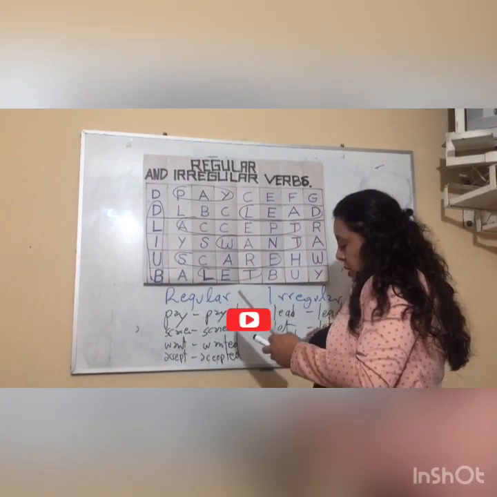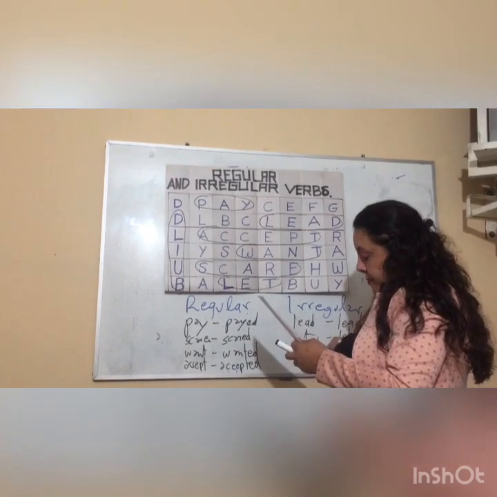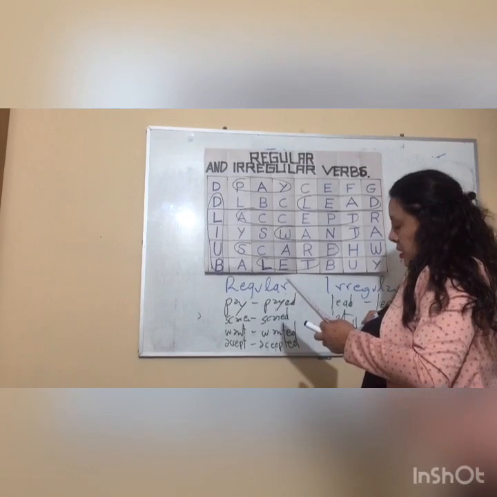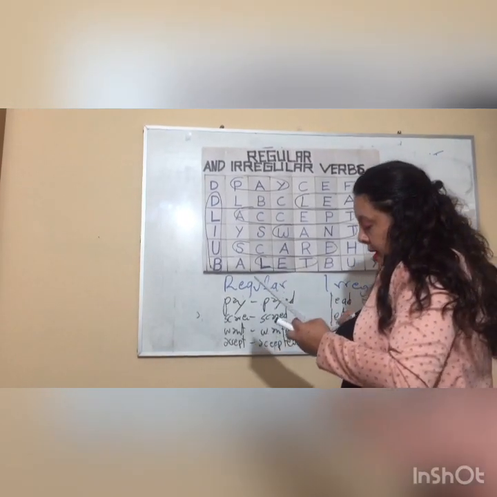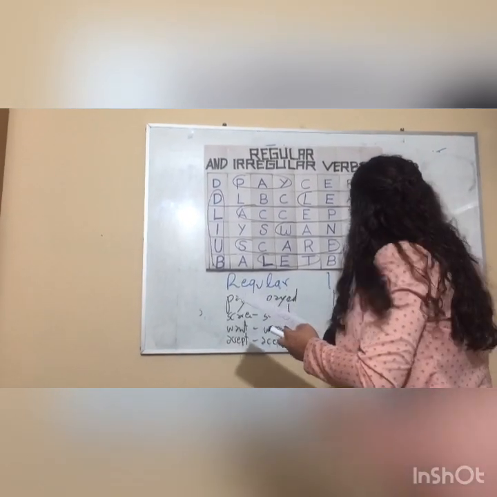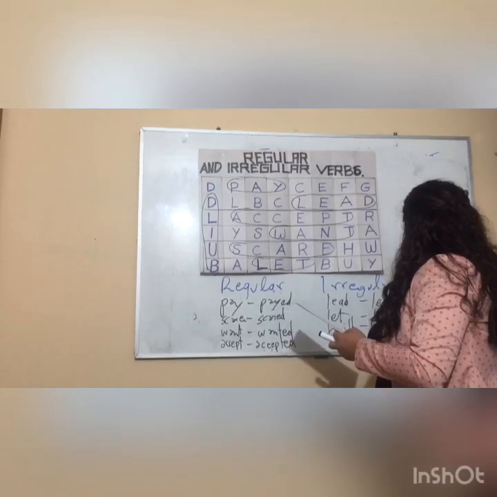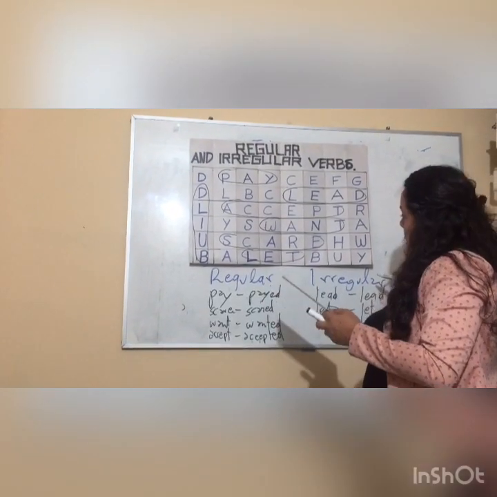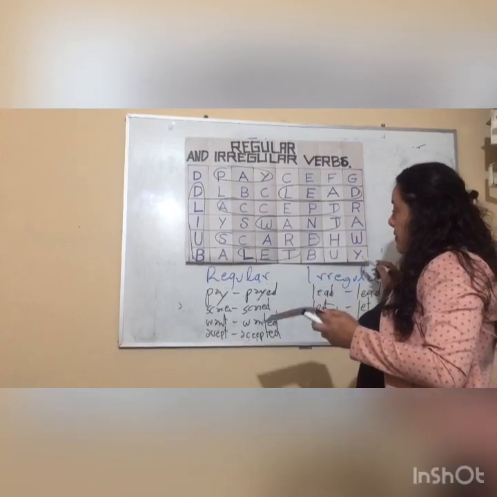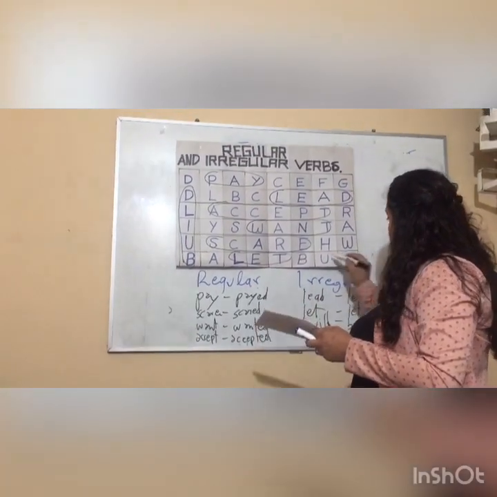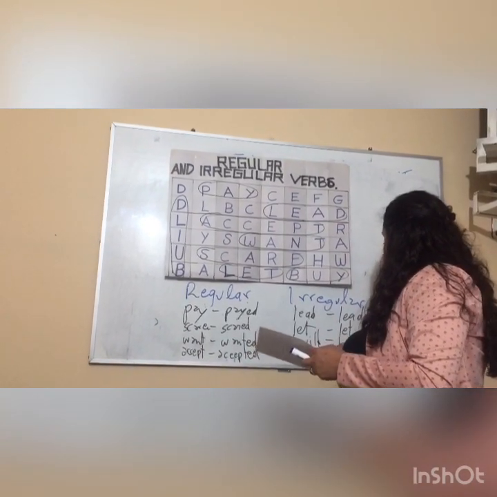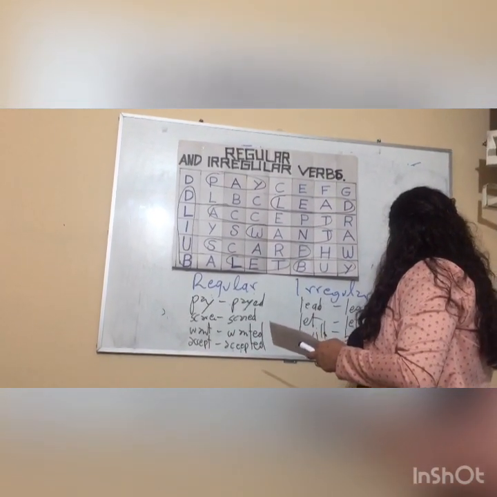This is an irregular verb, and the past is built. Which else? We have buy. Buy is another irregular verb. The past is bought.